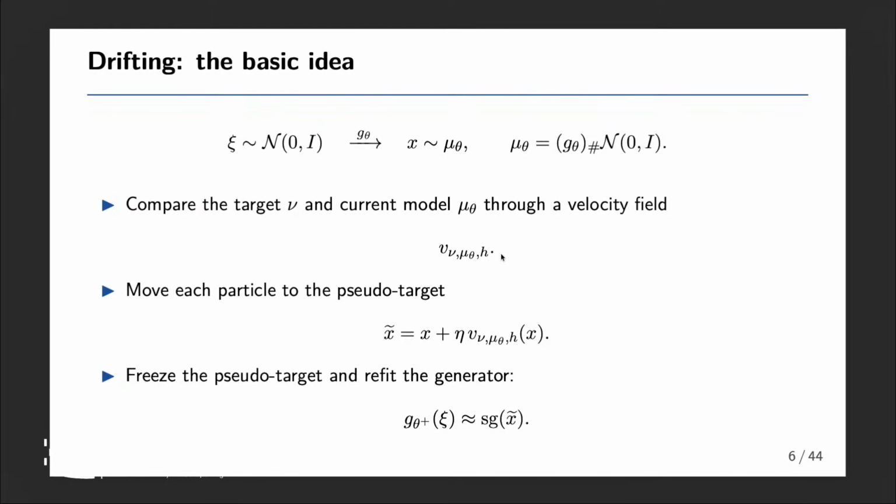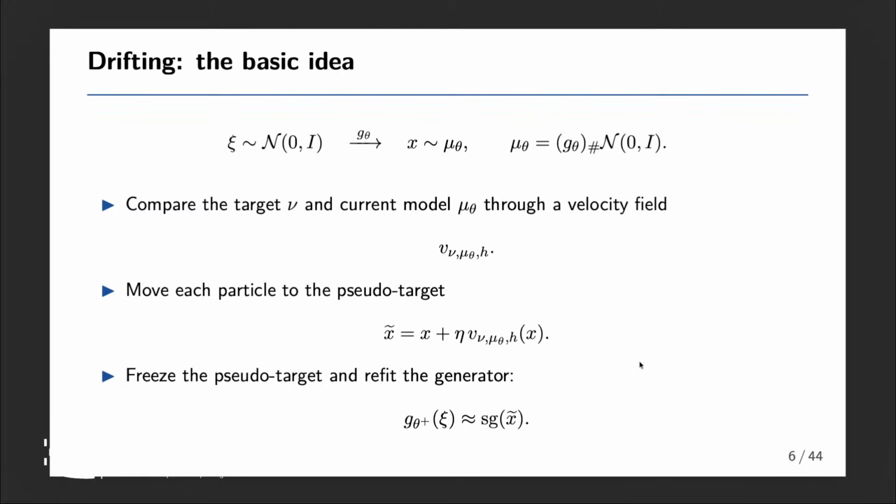But given such a velocity field, you update your current particles in an interacting way through this update rule right here, right? And there is no additional randomness added to the system, so this is why it is a deterministic interacting particle system, right?